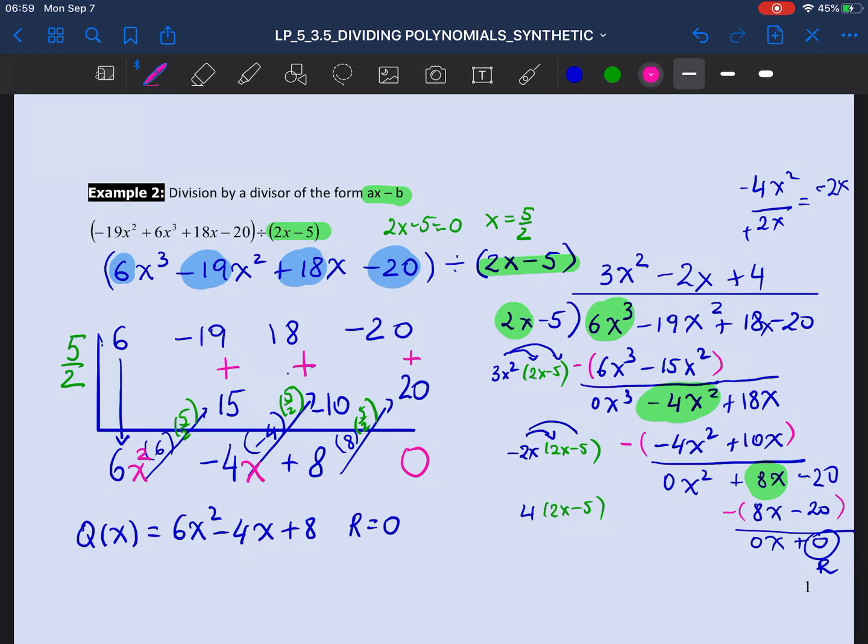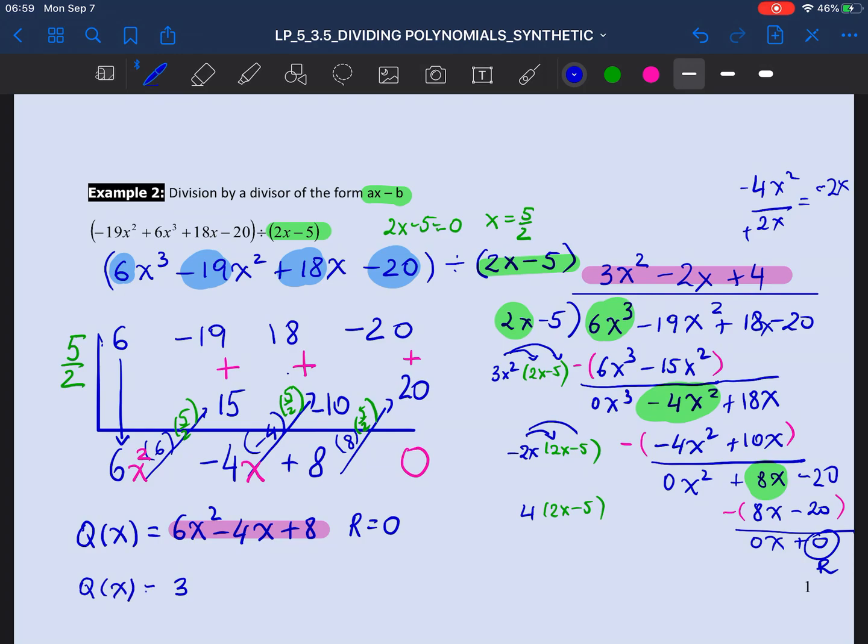So let's take a look at the quotient. The quotient here is 3x squared minus 2x plus 4. The quotient that we got from synthetic division is 6x squared minus 4x plus 8. And I'm going to place them next to each other because I want the comparison to be more visible.